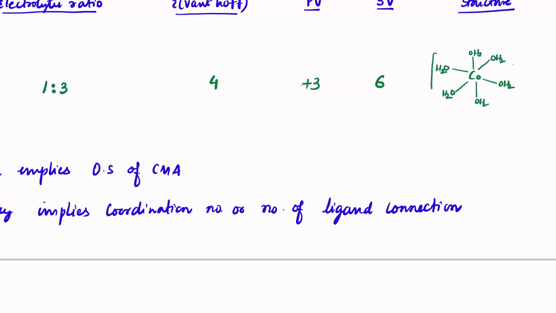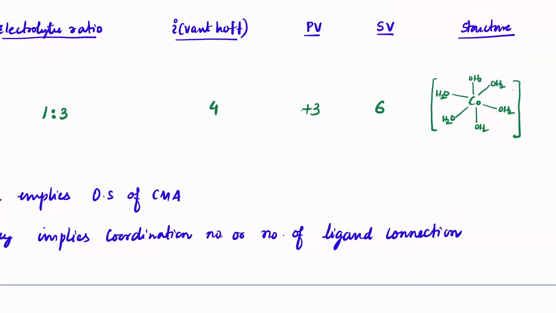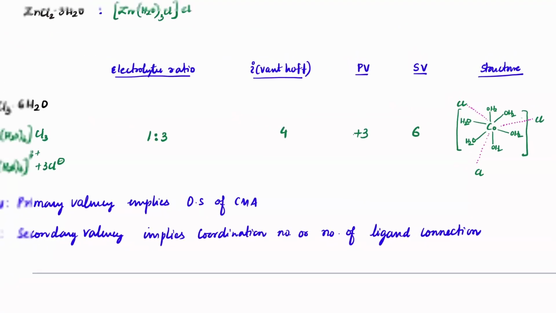With 6 water molecules here, then you have three chlorines which are ionically bonded, right? Complex inside and outside will always be ionically bonded. Since it is ionically bonded, you always represent ionic bonds with a dotted form. So there are three chlorides ionically bonded: Cl, Cl, and Cl. This is a way to represent the structure.